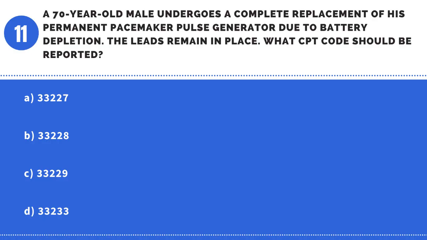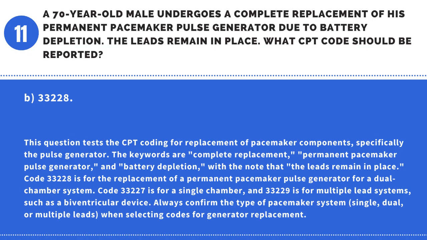Answer B. 33228. This question tests the CPT coding for replacement of pacemaker components, specifically the pulse generator. The keywords are complete replacement, permanent pacemaker pulse generator, and battery depletion, with the note that the leads remain in place.